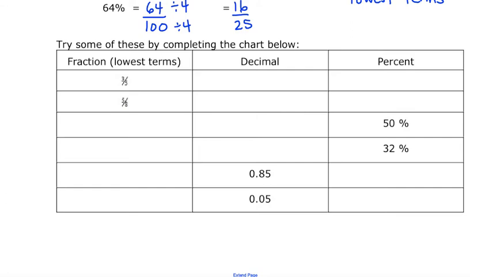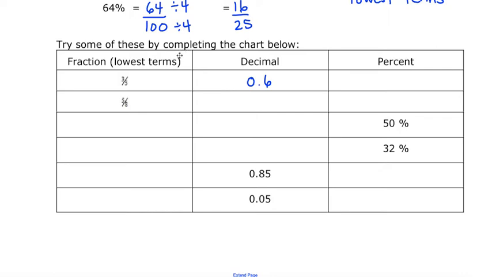So what we want to do is think about what do we have first. The first example, we have a fraction. The easiest thing to think about is to move that fraction into a decimal number first. So 3 divided by 5 is the same as 0.6.